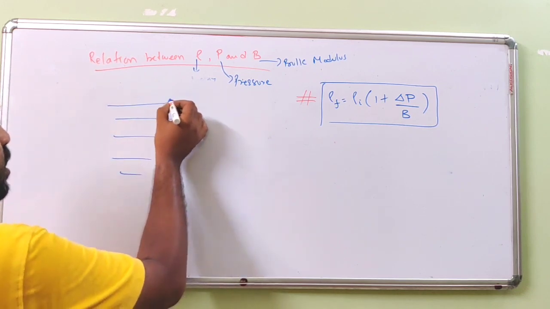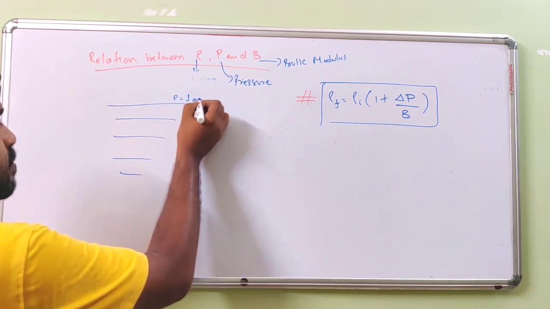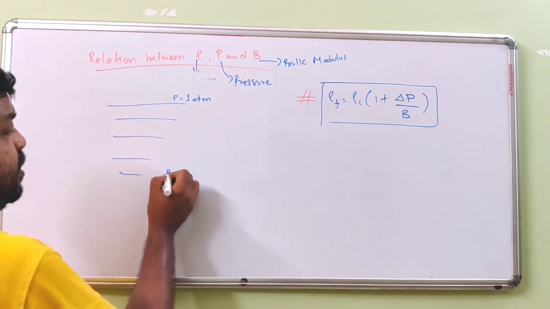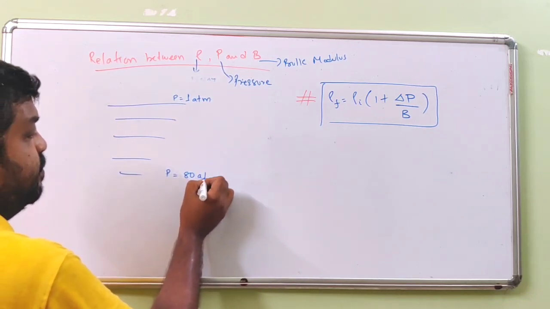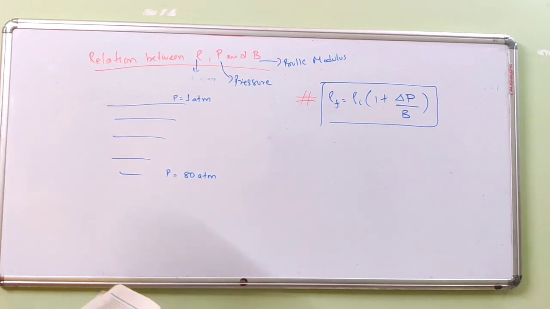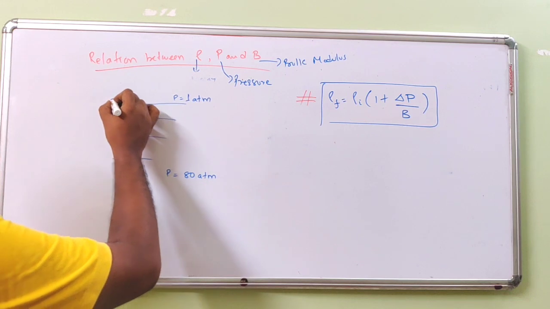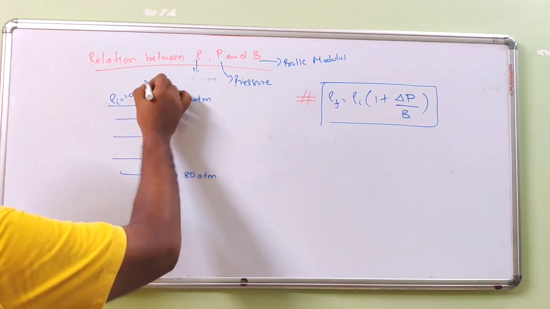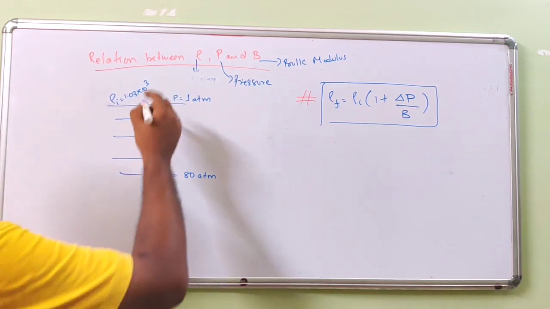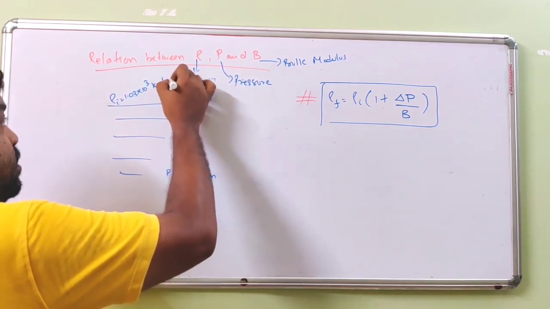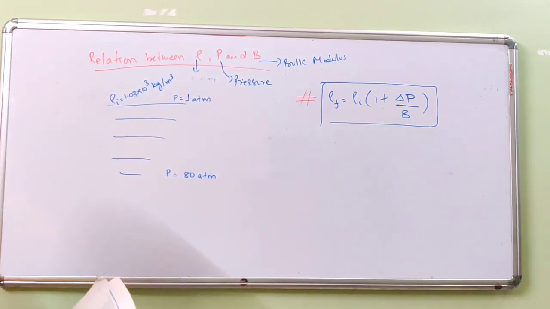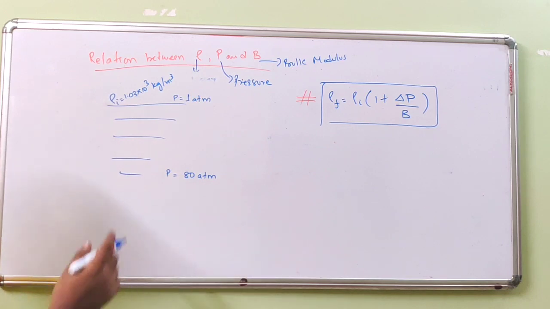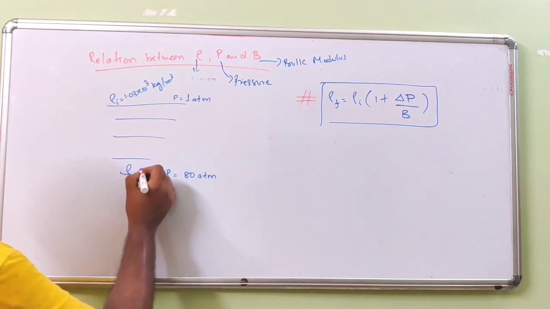Here the pressure is 1 atmosphere, and here the pressure is 80 atmosphere. The density at the surface, rho initial, is 1.03 into 10 power 3 kg per meter cube. There is a misprint in the book. And what is the density here? The final density rho final is asked.